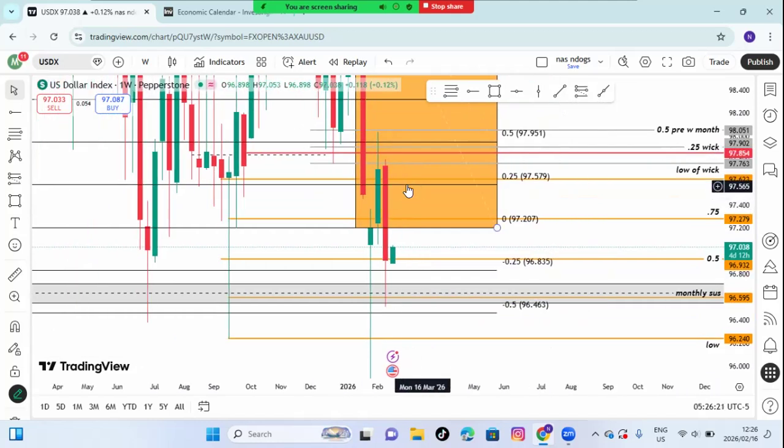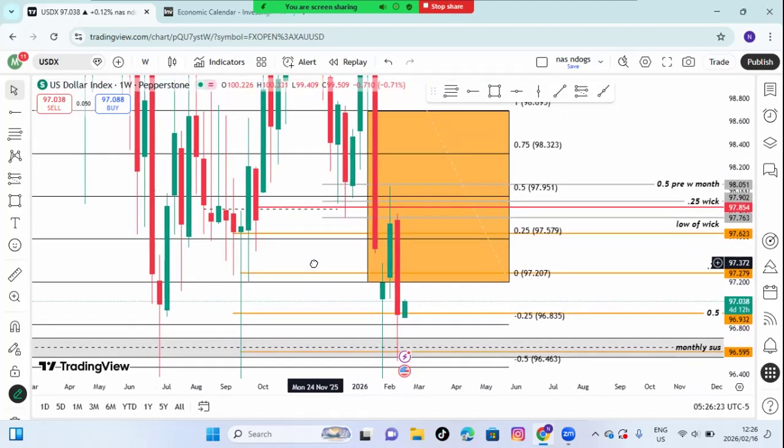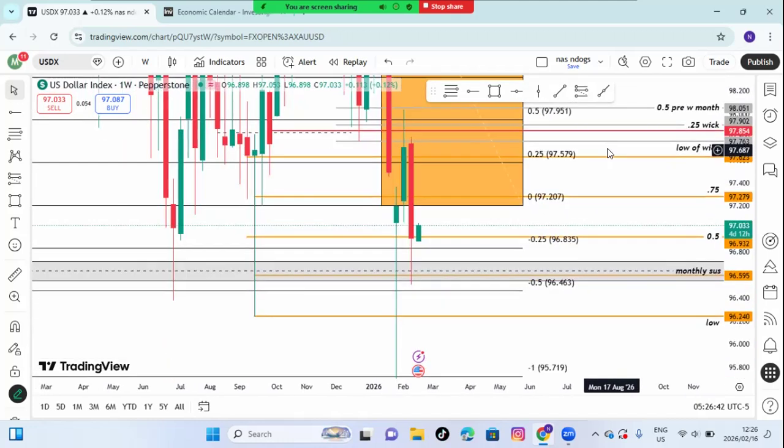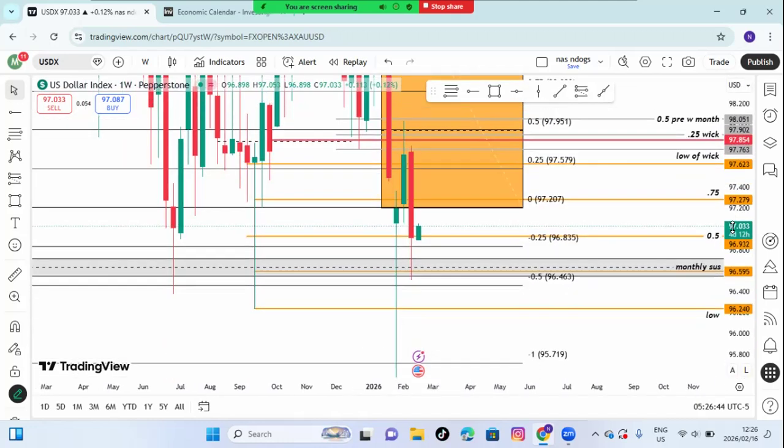So now we are technically below 0.25, right? And then we're below half of it. And this is the upper portion. There's nothing here from half of it to the upper portion. We don't have anything. So it's telling us that it's very weak. So it wants to fall.